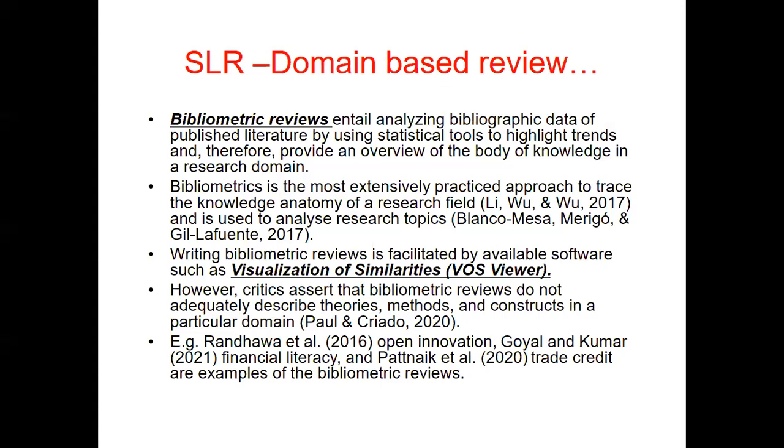In this one, they entail analyzing bibliographic data of published literature by using, of course, some statistical tools. Of course, the focus there is to study some features and characteristics of, of course, bibliography. That's the authors, the publication outlets, etc. Such kind of information.